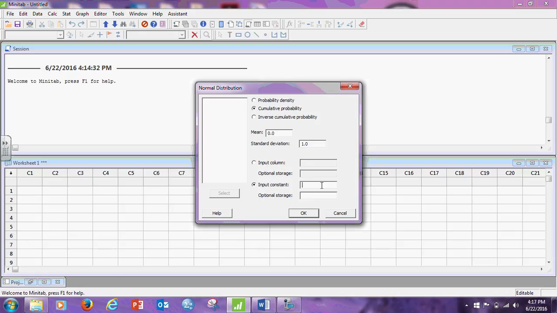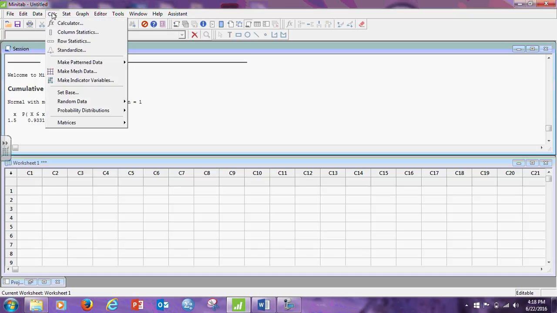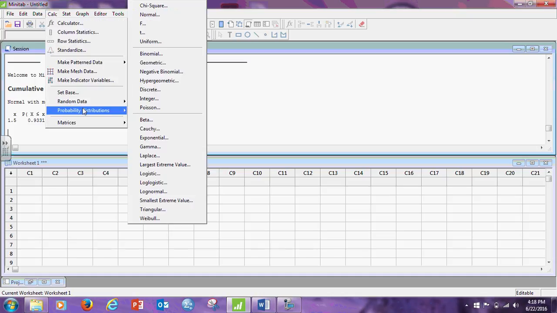So input constant, and we're going to put in 1.50, and then the probability that if you have a value less than 1.50 in a population with a mean of 0 and a standard deviation of 1 is about 93%, 93.32%.